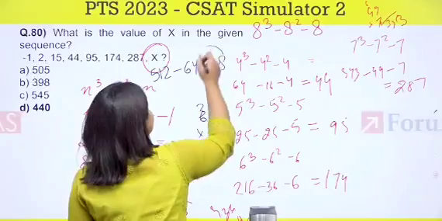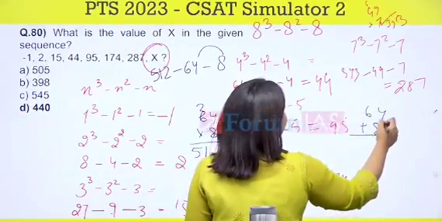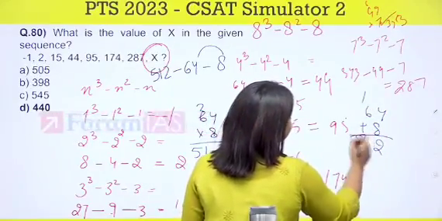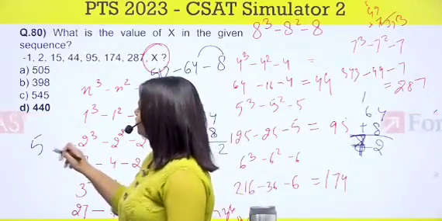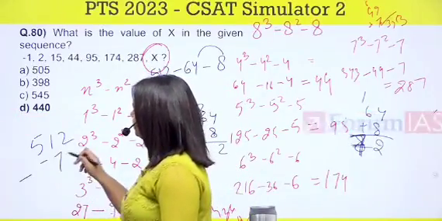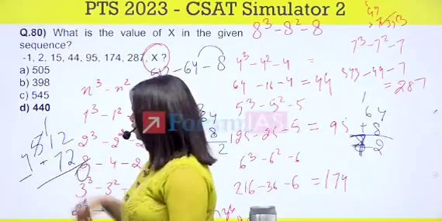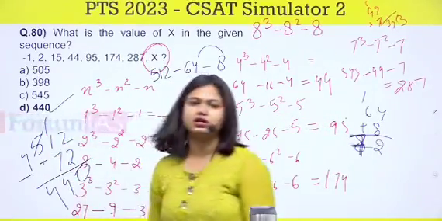So 64 and 8 is 72. 512 minus 72 is 440. That is my answer.